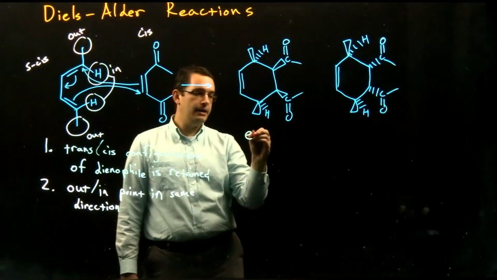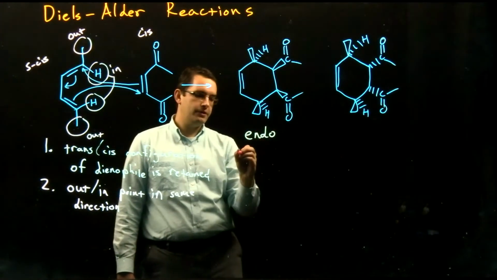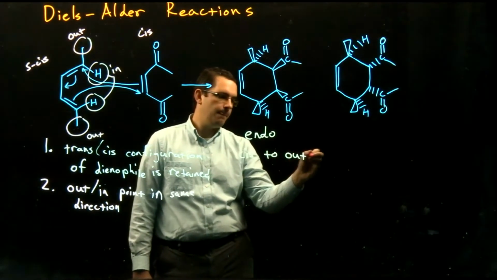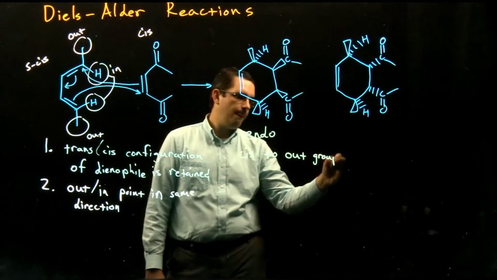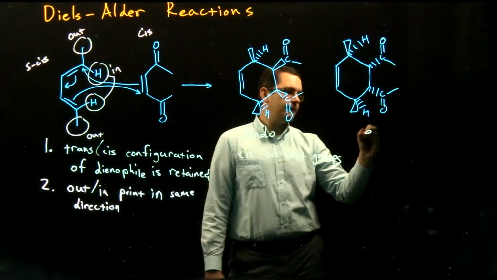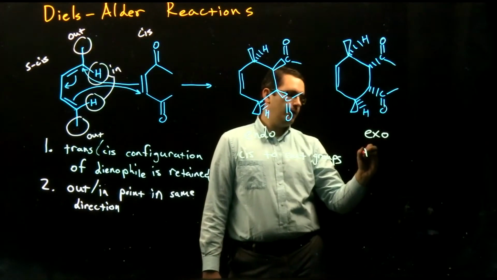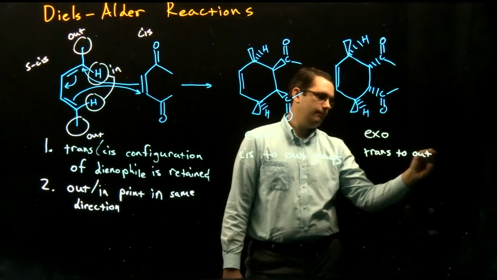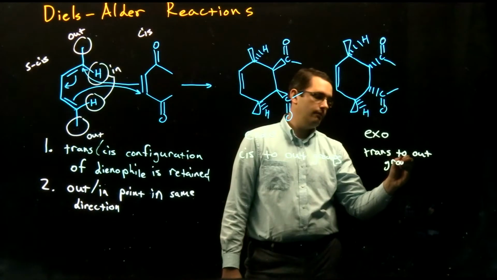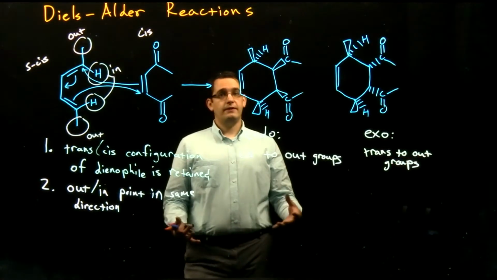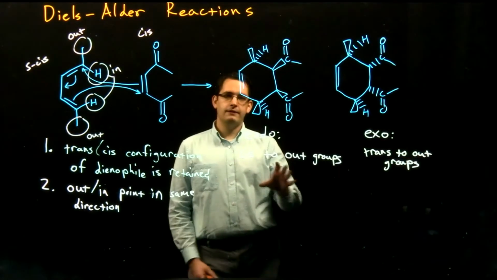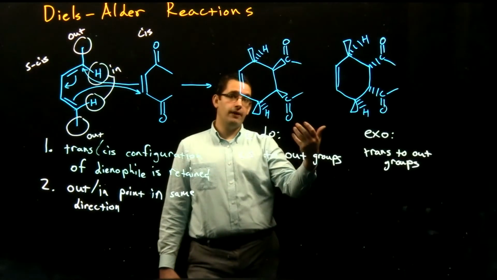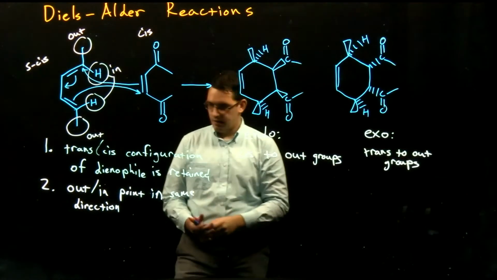So the term endo refers to when we are cis to the out groups, and the term exo refers to when we are trans to the out groups. So in this case we have two different possibilities just based on the possible configurations of our dienophile with respect to our diene.